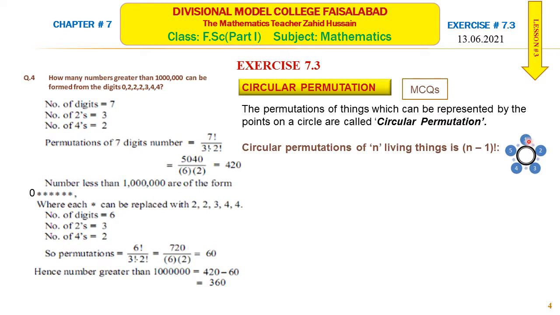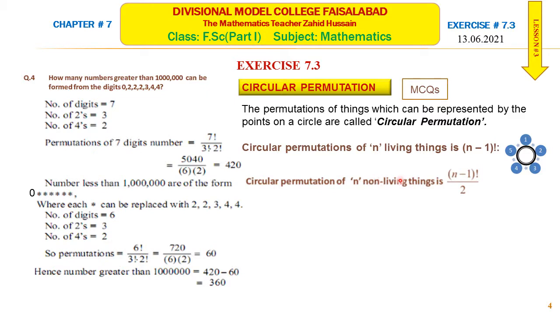And if the objects are non-living, like keys, arranged in the form of a ring, or a necklace, or a tasbih, they are all circular permutations of non-living things.